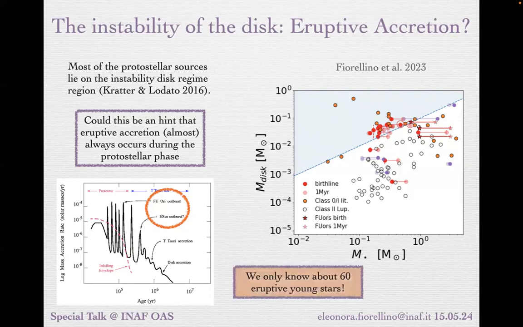However, the problem with this theory is that we only know about 60 eruptive young stars, not only in nearby galaxies, but in general. This is a problem because if we approach this as a statistical problem, there are not enough objects to explain that eruptive accretion is the reason why we build our stellar mass.